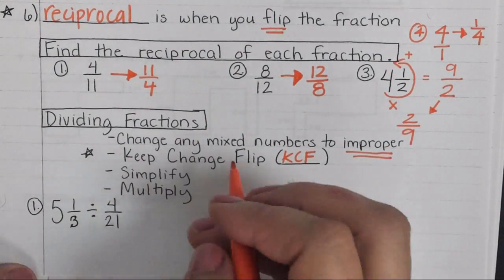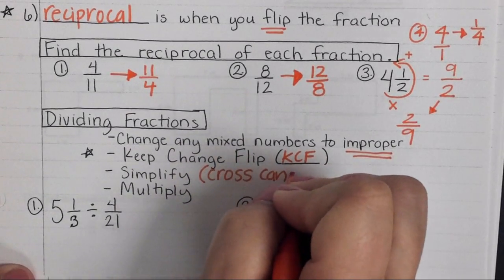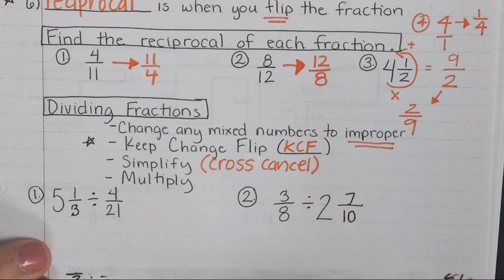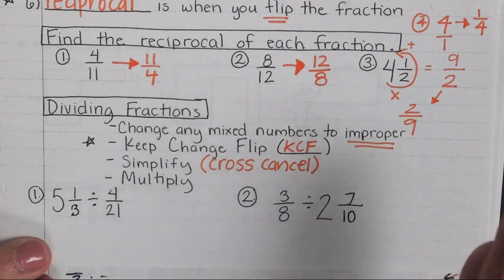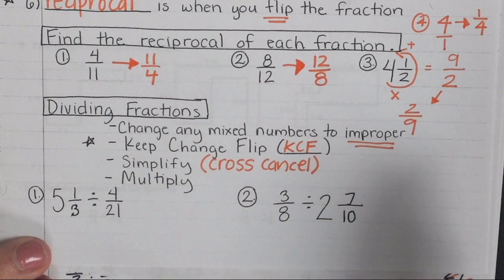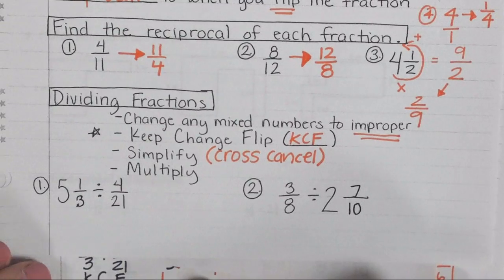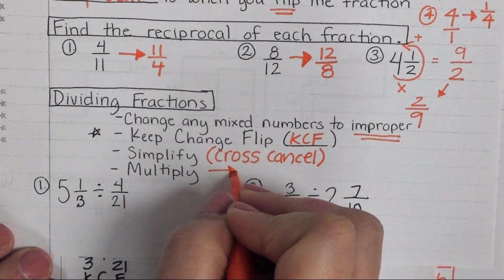And when we talk about simplifying, this is also when we would do the cross cancel. Last year, our math teacher called it KFC. Well, we can't do KFC. We got to do keep, change your sign, then flip the second fraction. Hang on. If you've got a question, make sure it's about this, because don't forget I am recording. Okay? And then the last thing, remember we multiply straight across.